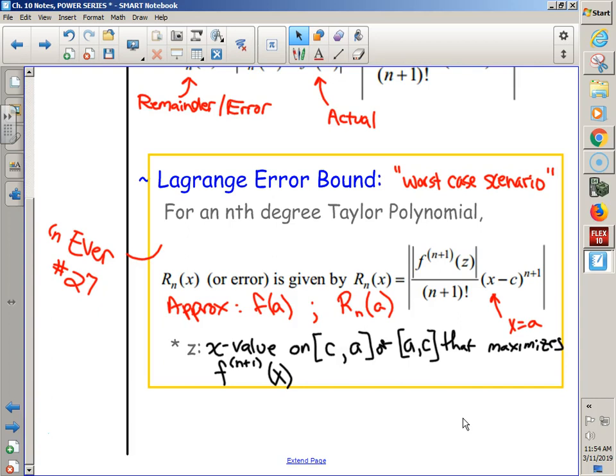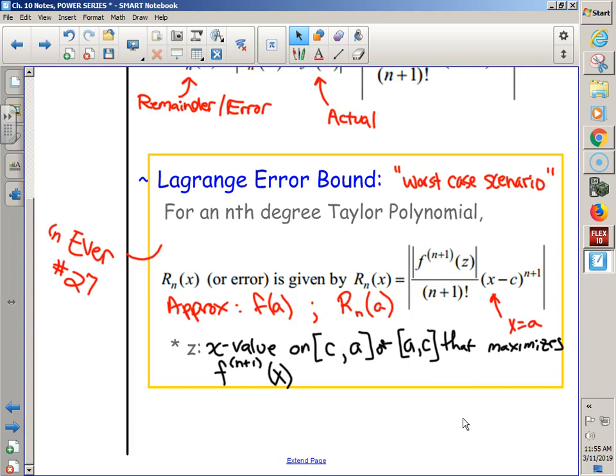Well, they could ask us, let's say it's centered at 3, for 3.1. Or like the sine one in one of the homeworks, the 0 and the 1/10, we would have had to plug in the 1/10 because it's centered at 0, but we're approximating it at 1/10. So the x is using the Taylor polynomial to approximate at a particular x value.